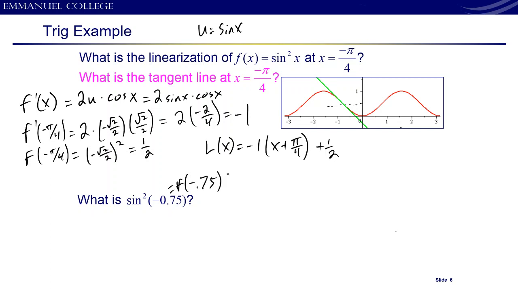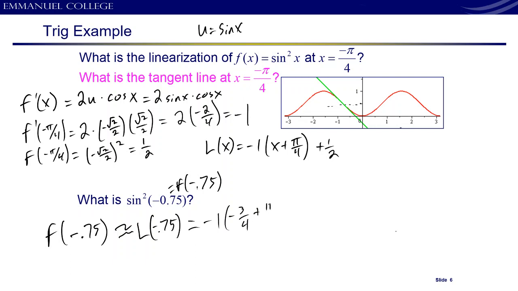So like we did with the previous one, I know that f of negative 0.75 is going to be approximately my linearization about that point. So this is going to equal negative 1 times negative, and I don't want to do 0.75, so I'm just going to go ahead and convert it to negative 3/4 plus pi over 4, and then plus 1/2.